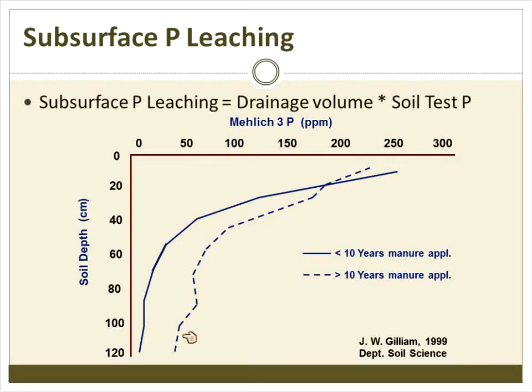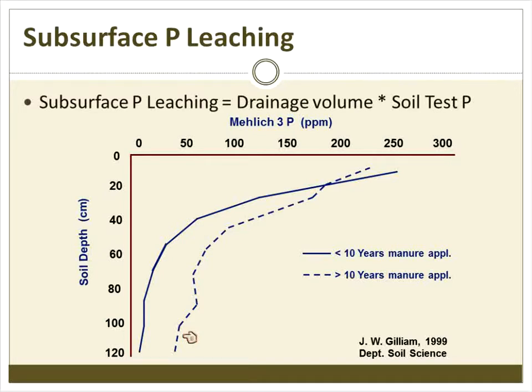We have seen phosphorus levels at 30 inches as high as Mehlich 3 P of 300. So that's more than 6 times at 30 inches what you need to grow a crop, which means that soil has extraordinarily high amounts of phosphorus stored in it.